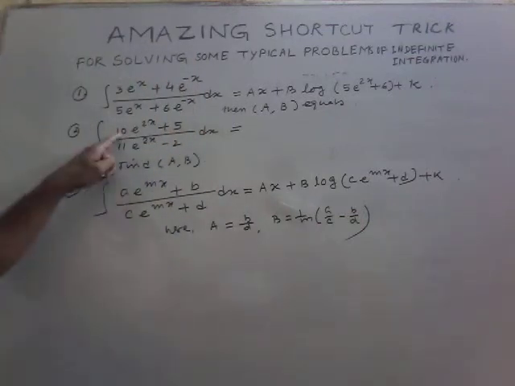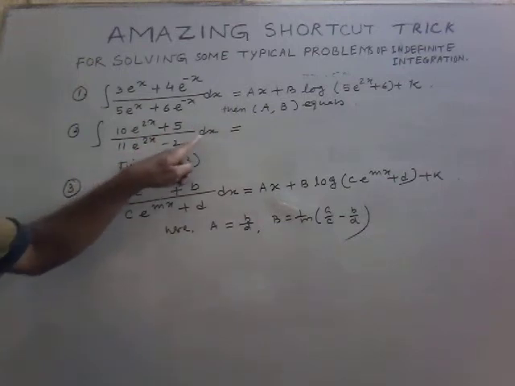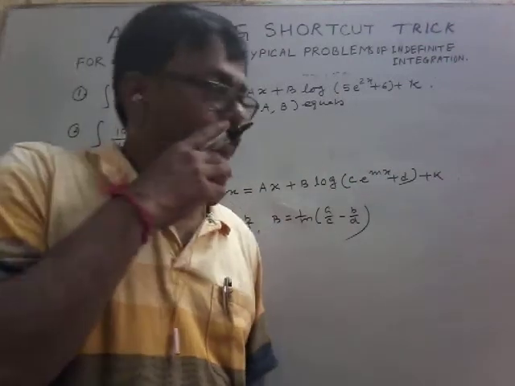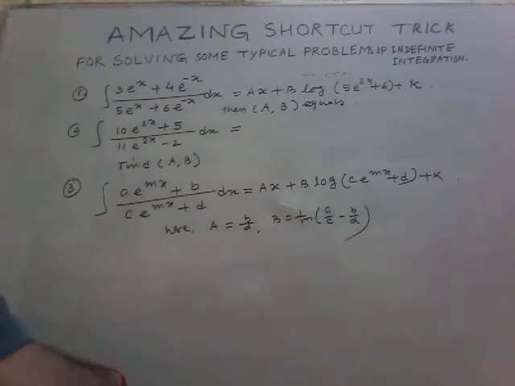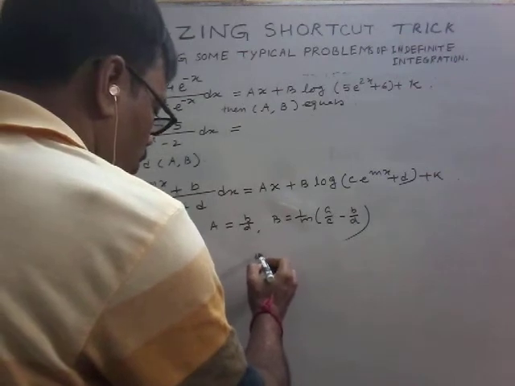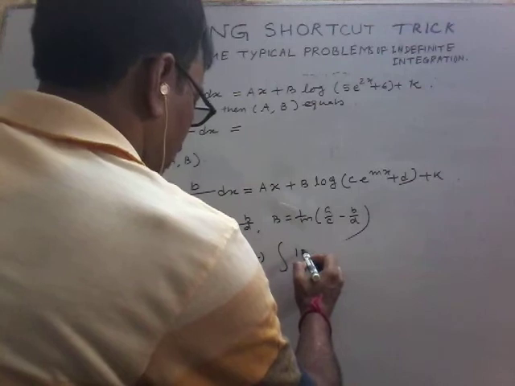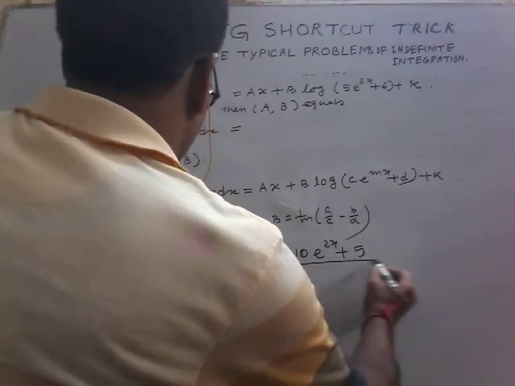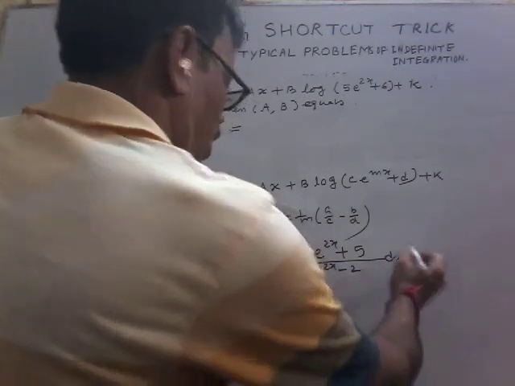Similarly, the integral of (10e^(2x) + 5)/(11e^(2x) - 2) dx. So find a and b. Same problem. In this case, for problem number 2, the numerator is 10e^(2x) + 5 and the denominator is 11e^(2x) - 2.